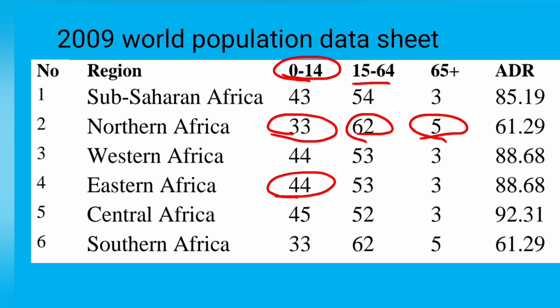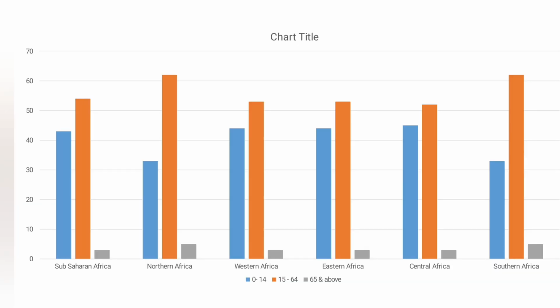The workforce is high, whereas the dependent population is low, on average about 30-something percent. So the African population is dominated by the working force of the 15 to 64 age group. It looks like this in the graph.